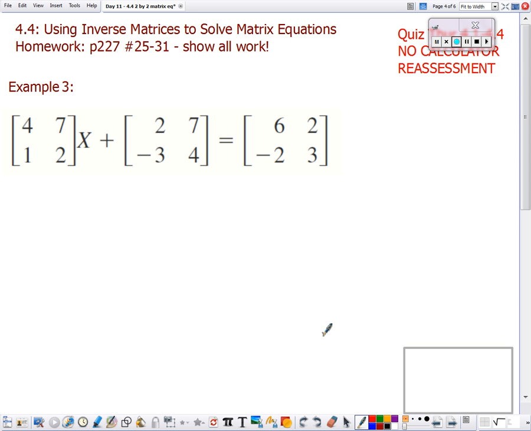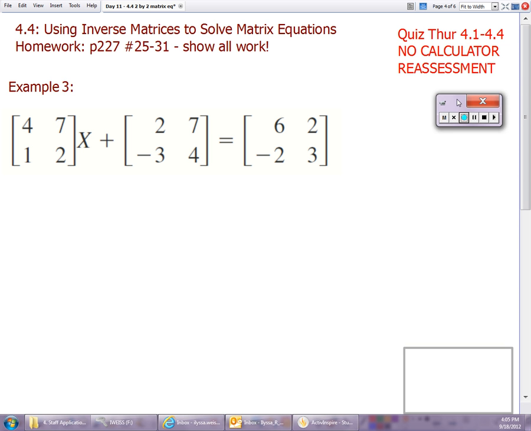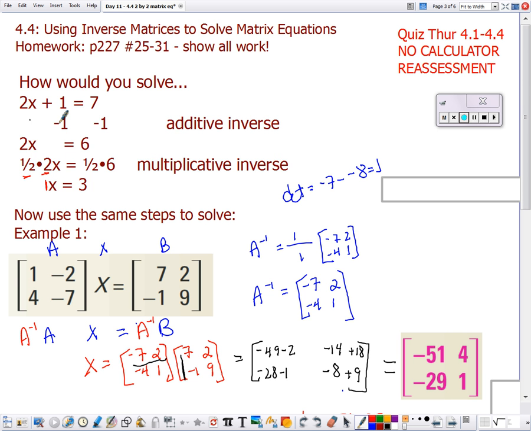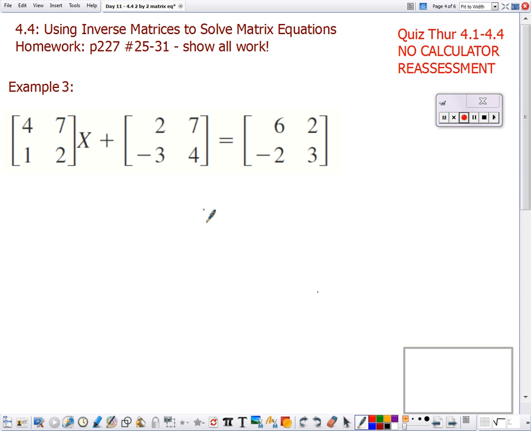Now for example 3 here, we have this extra matrix. So I'm going to go back again for 1 second, and it looks exactly like this first one. 2x plus 1 equals 7. And you subtracted that 1 first. So to start example 3, we will subtract first.